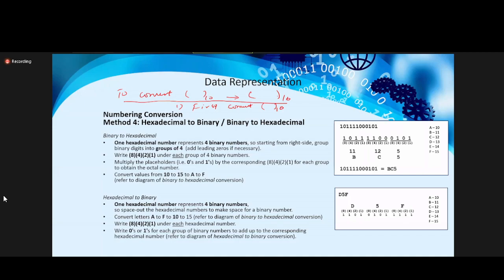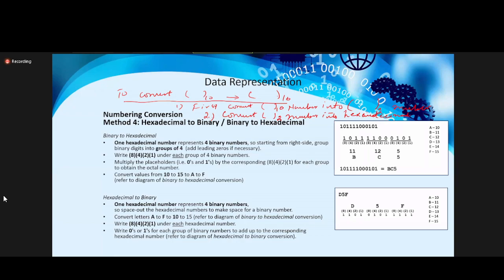Or if you like to directly divide it by 16, that's totally fine. So first convert the base 10 number into a base 2 number, then convert the base 2 number into hexadecimal, because conversion between hexa and binary is always easier for us, right?